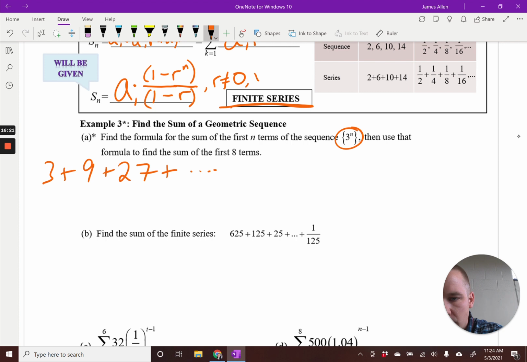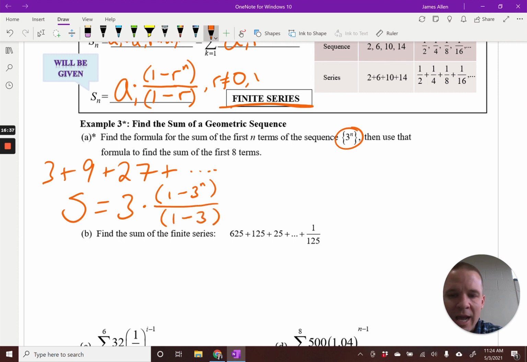So my sum would be 3 times 1 minus my r, 3 raised to the n, over 1 minus 3. And so this would be the n terms. If we did it for the 8th, I would just replace that n with an 8.